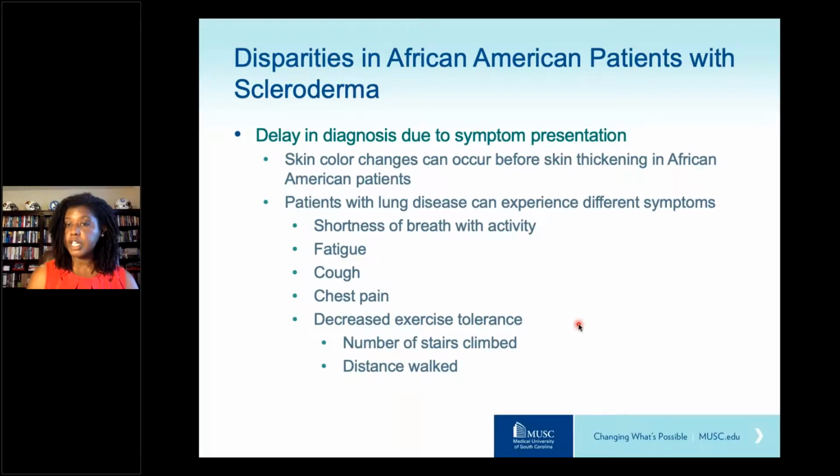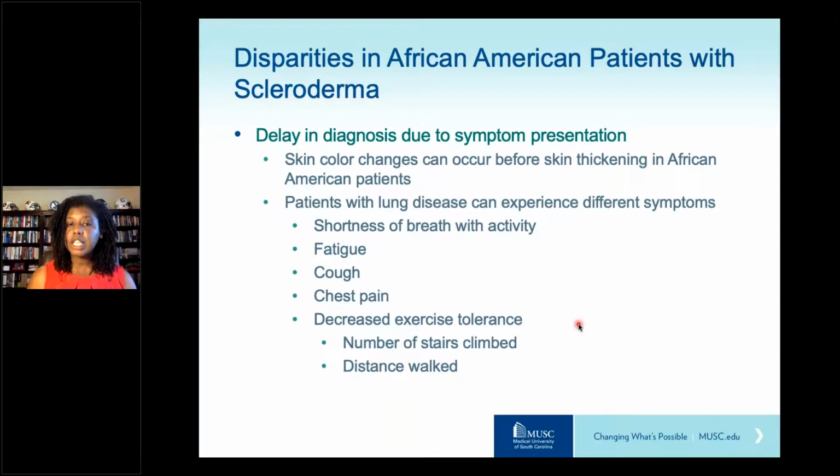they could have chest pain, and they could have decreased exercise tolerance, meaning that they notice that they can't climb the number of stairs that they normally would climb, or they can't walk as far as they normally would walk, or they can't carry the number of bags that they normally would carry.